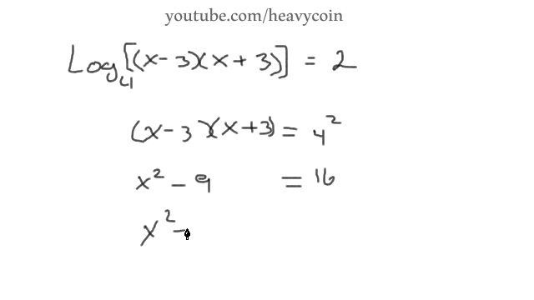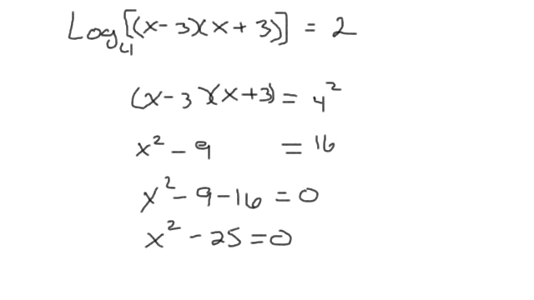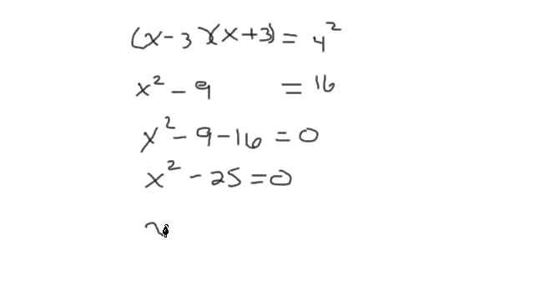You know, there's a couple ways of doing this actually, but I'm just going to do it this way. And so we have x squared minus 25. And so we can factor that. It's a difference of squares, so we have x minus 5 times x plus 5.